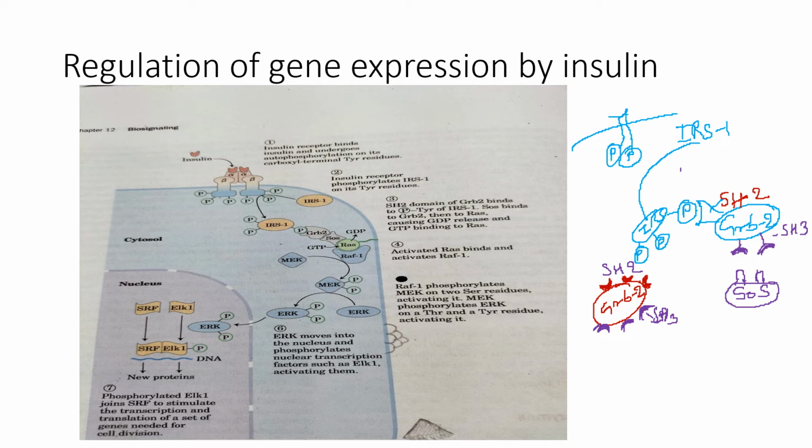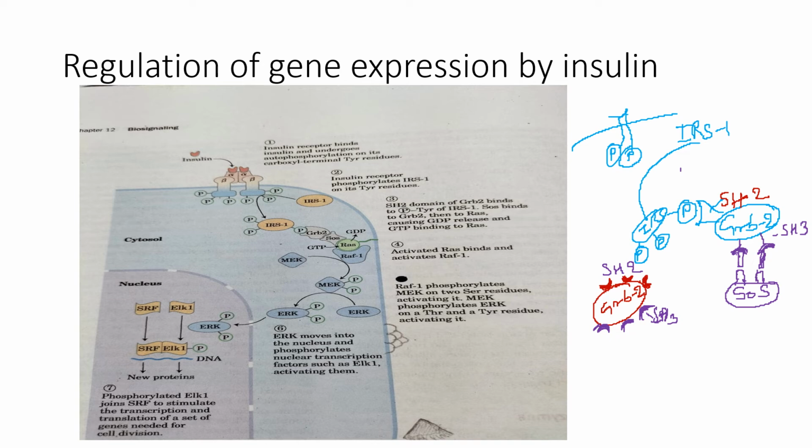This is the receptor on the SOS protein. It binds with the SH3 domain here. Okay, make it a little bigger like this. It binds with the SH3 domain. So now what happened? This SOS protein is activated.